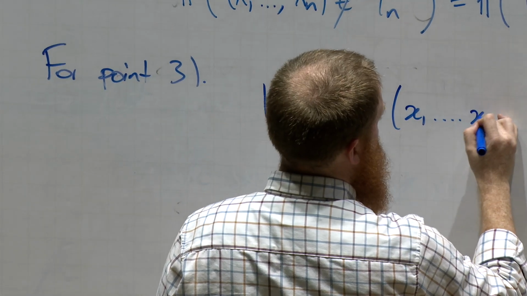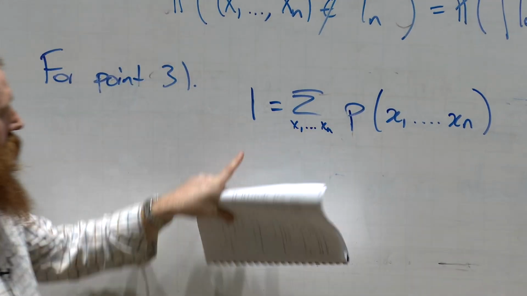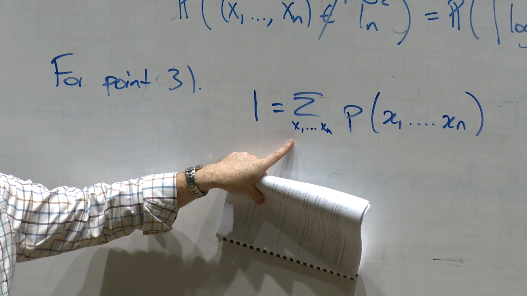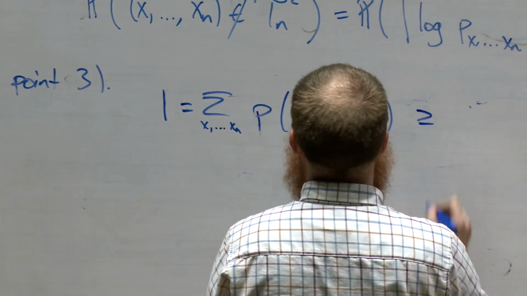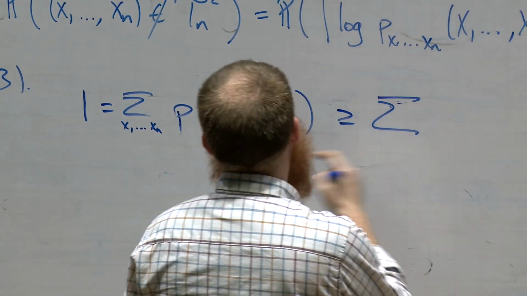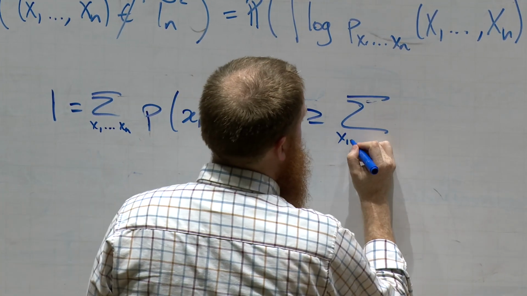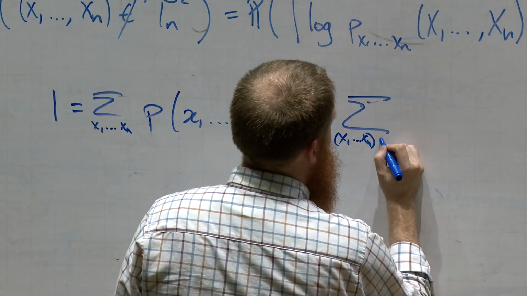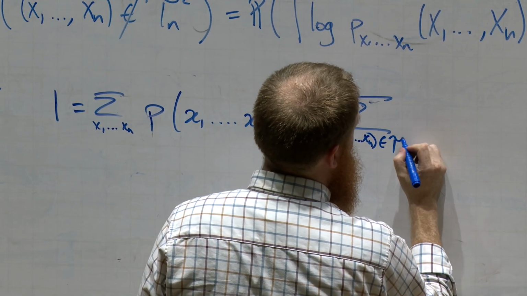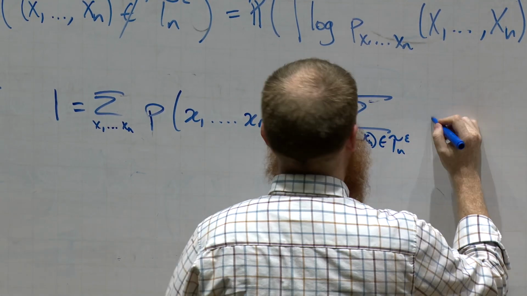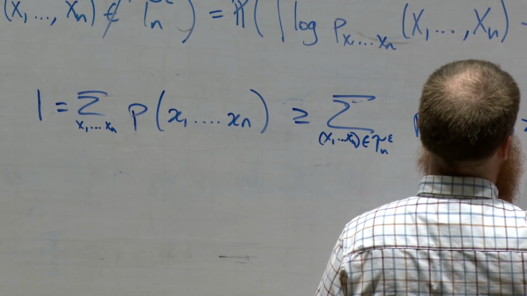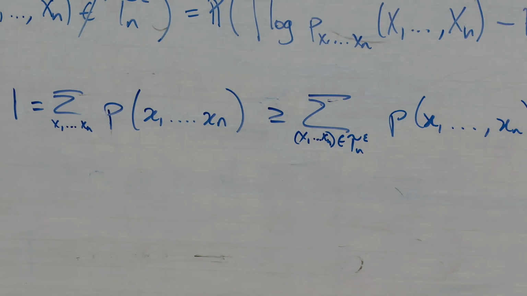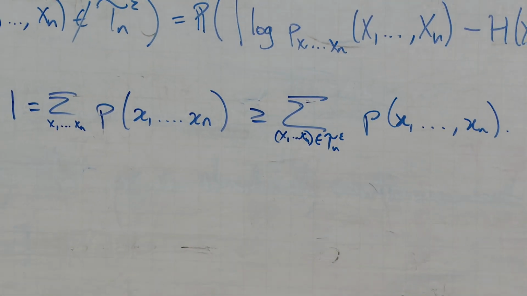I know that this is probability 1. I have to observe something. Okay, well, let's restrict our attention. This is certainly bigger than if I just sum over the typical sequences. So if I just sum over the typical sequences, I must get a smaller number.